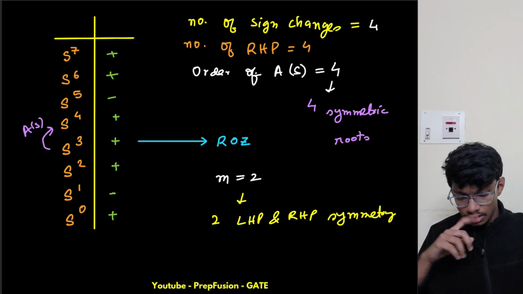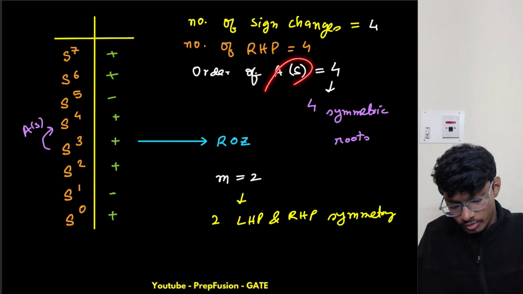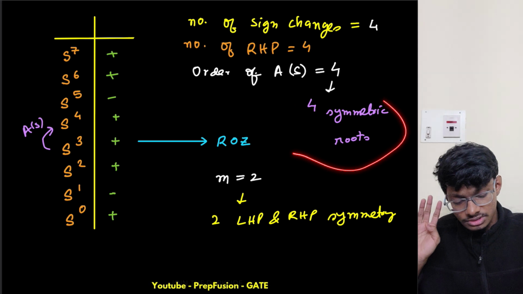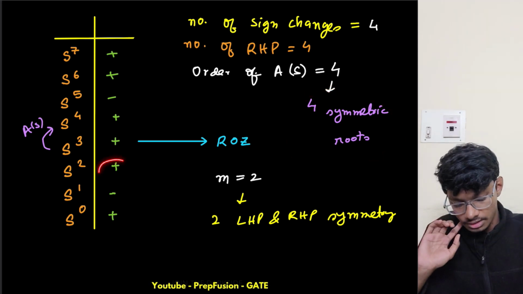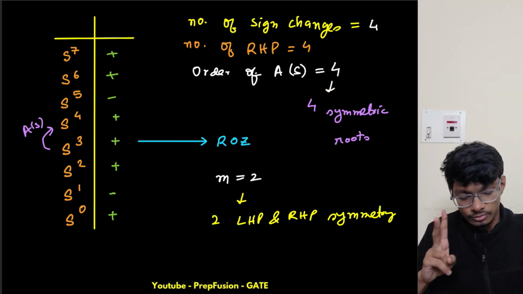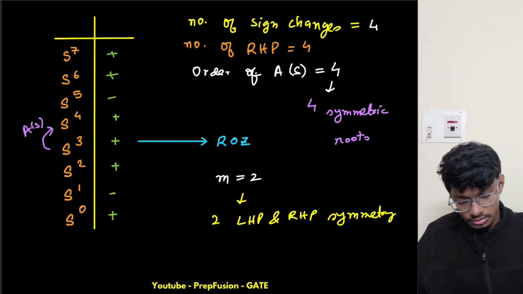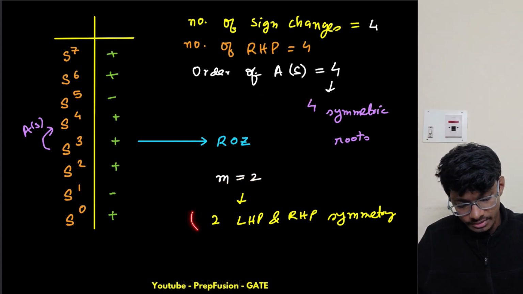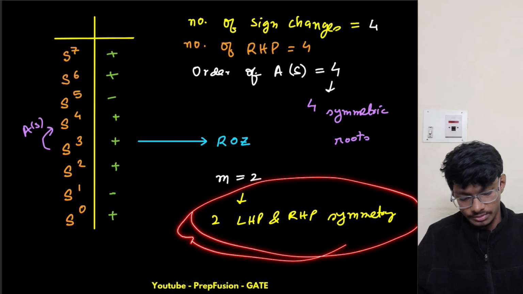Now what is the order of my auxiliary equation? It is 4 again, so I will have 4 symmetrical poles. That is correct. And m equals 2 itself. So I will have 4 symmetrical poles, and those 4 symmetrical poles will be like this one only.